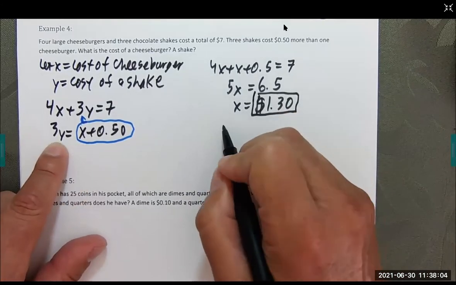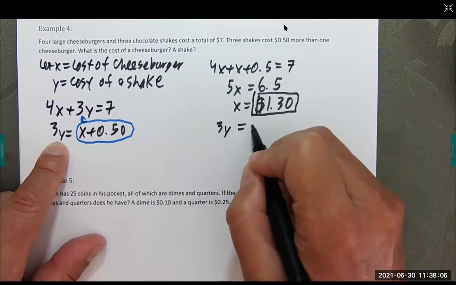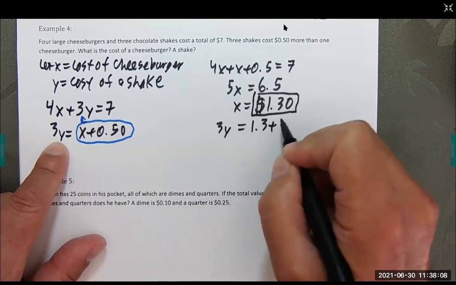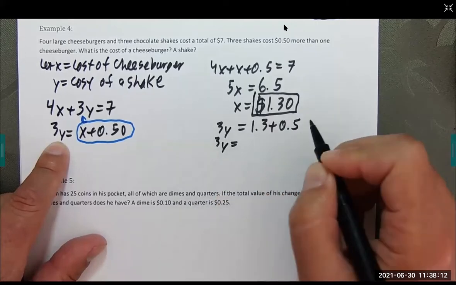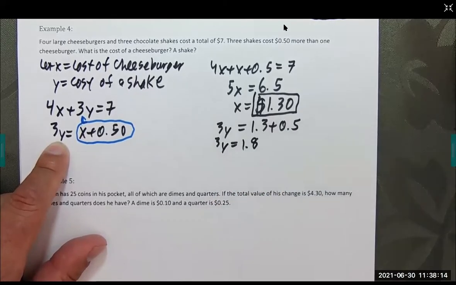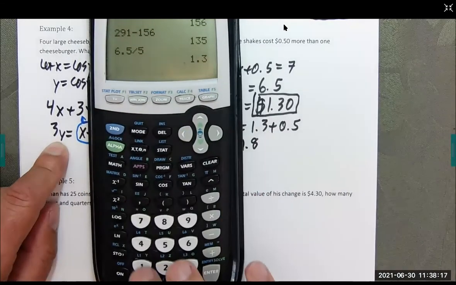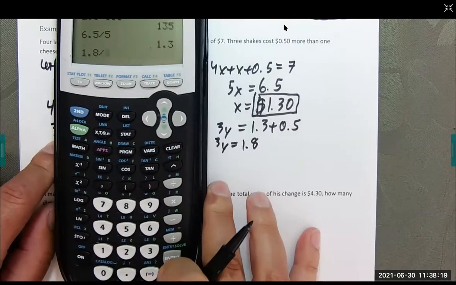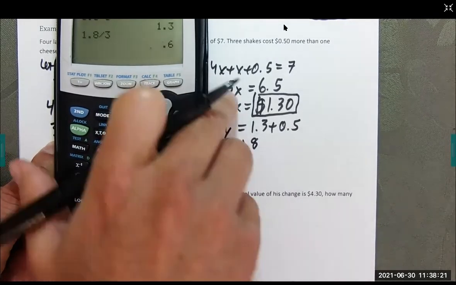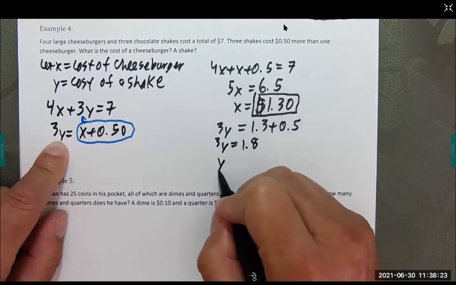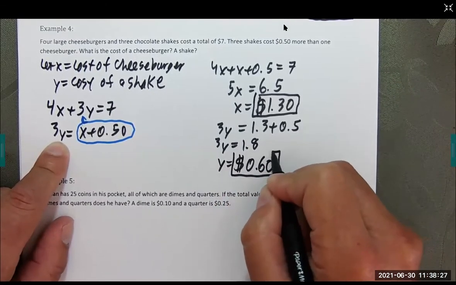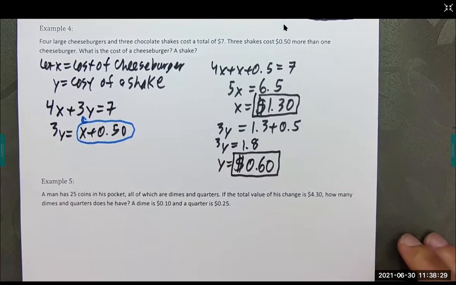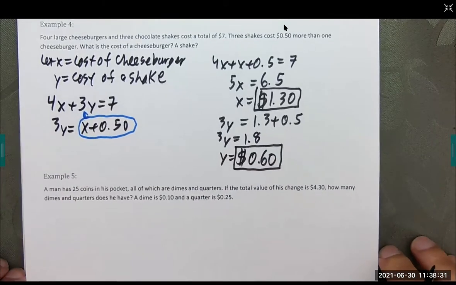So now let's do 3y equals $1.30 plus 0.5. That gives me 1.8. 1.8 divided by 3. How much is the shake? 60 cents. This is not a modern day meal.